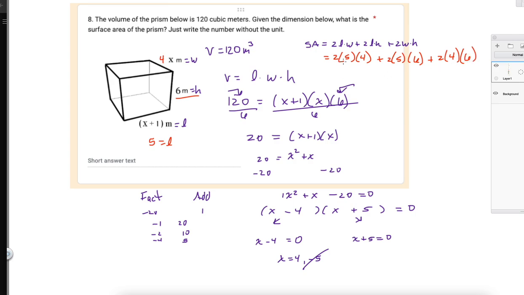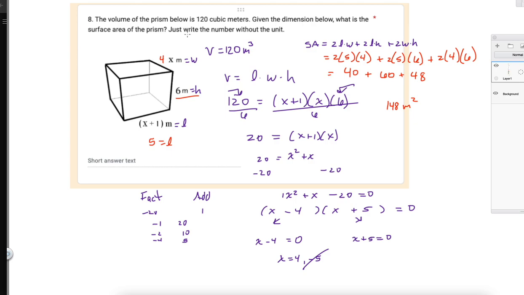So I got 2 times 5 times 4, 2 times 5 times 6, and 2 times 4 times 6. Okay, so we get 40 plus 60 plus 48. So our answer is 148 meters squared.